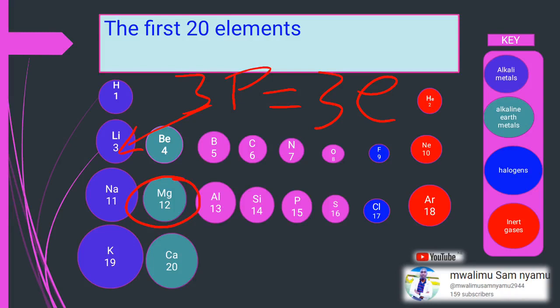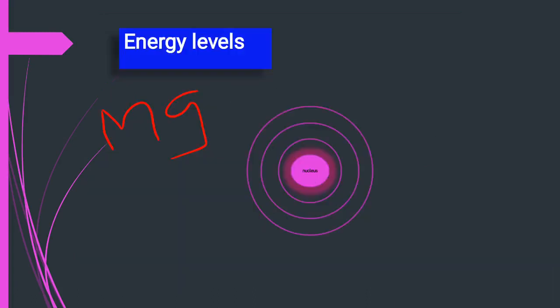And what is 12? That is the number of protons. That tells us that the number of electrons is also 12, because the number of electrons is always equal to the number of protons for an atom. So we have 12 electrons.